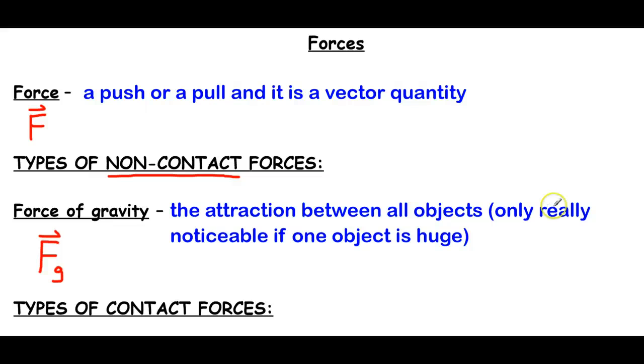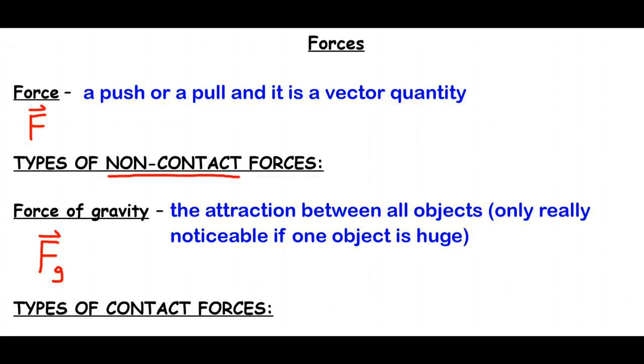Now, this definition says it's the attraction between all objects. This is true. There is actually a force of gravity between you and every other object in this room. But we don't notice it unless one object is incredibly huge or a lot larger than the other. So that's why, if you look at how huge Earth is in comparison to us and all the objects on it, all of the things are pulled and you can feel that force.